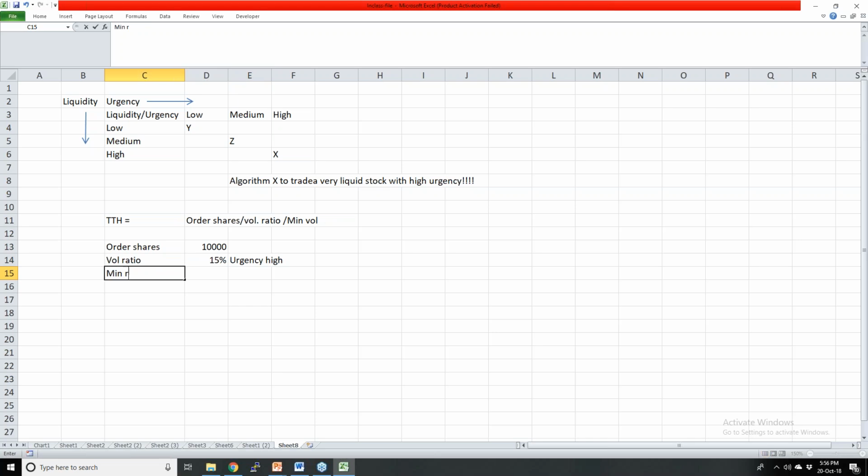For that particular symbol, your minute volume was 500 shares per minute. So your TTH, theoretical time horizon, is equal to 10,000 divided by 15% divided by 500, so these many minutes.